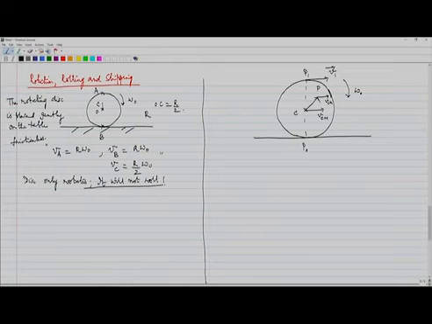Then this quantity will be the linear velocity at P. This is the linear velocity vector. So the net resultant is going to be, I need to compound these two.